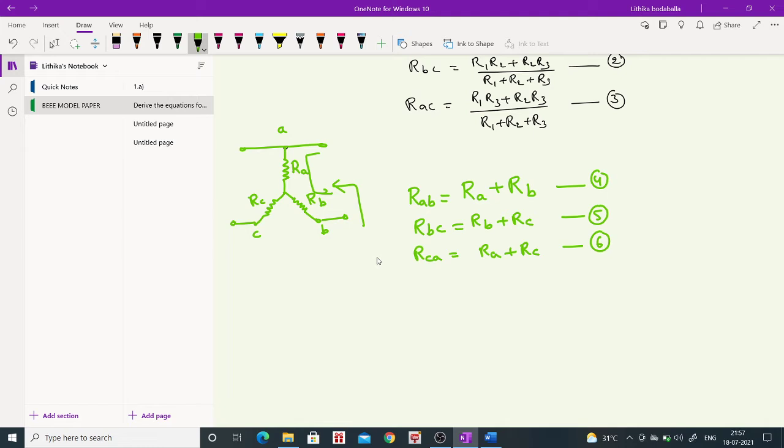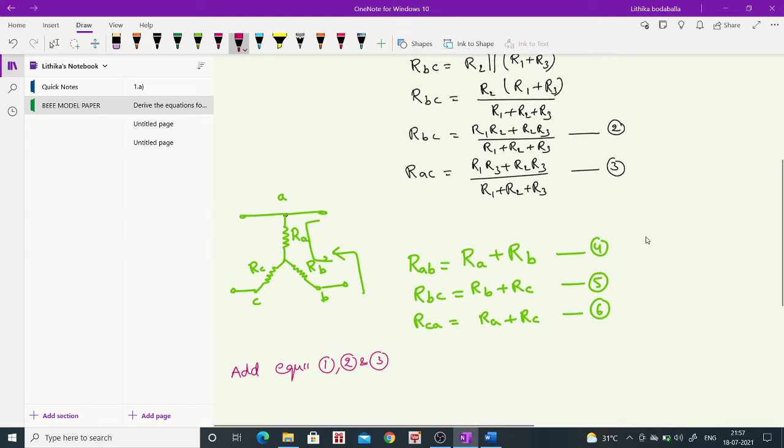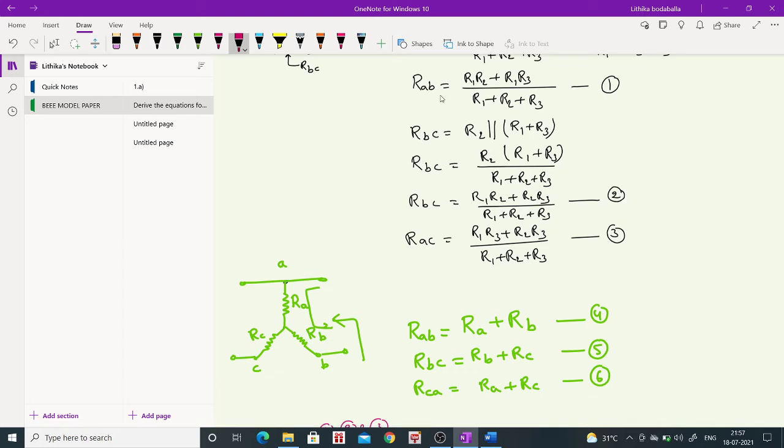So I am adding equations 1, 2 and 3, and I am also adding equations 4, 5 and 6. So first add equations 1, 2 and 3.